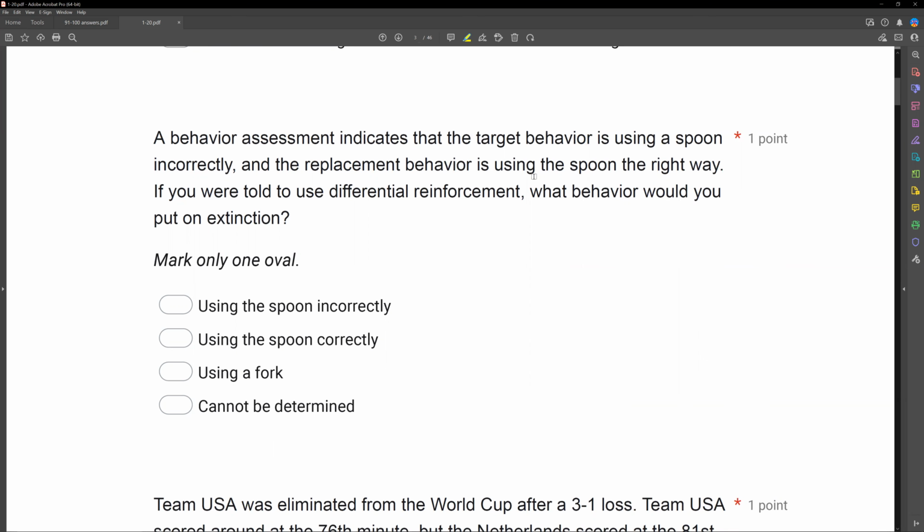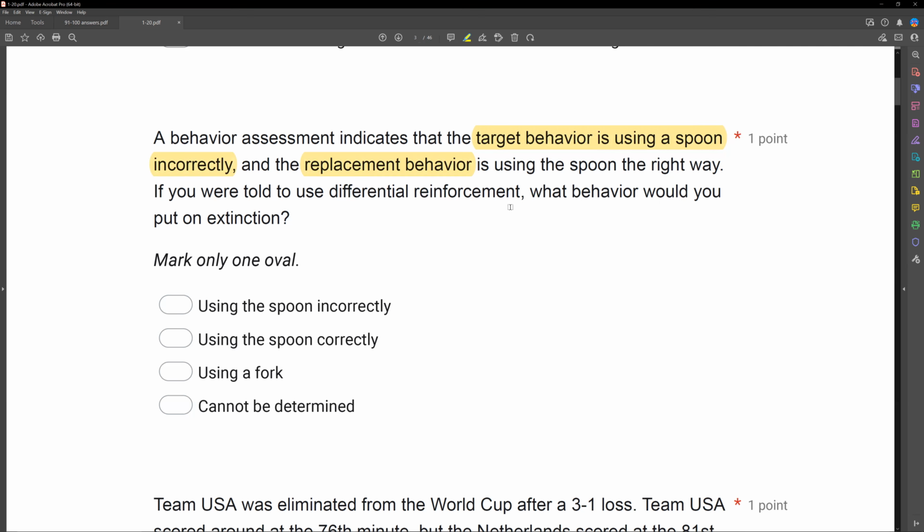So if we're using differential reinforcement, what are we doing? Well, we're putting on extinction the behavior we want to decrease or stop, and we're increasing other behaviors. We're reinforcing other behaviors. So we're looking for the behavior we're putting on extinction. The behavior assessment indicates the target behavior is using a spoon incorrectly, and the replacement behavior is using the spoon the right way.